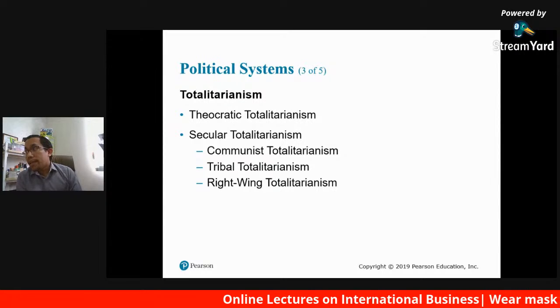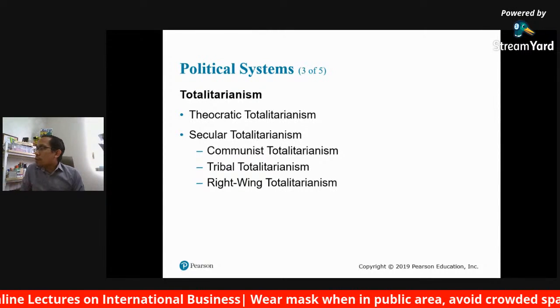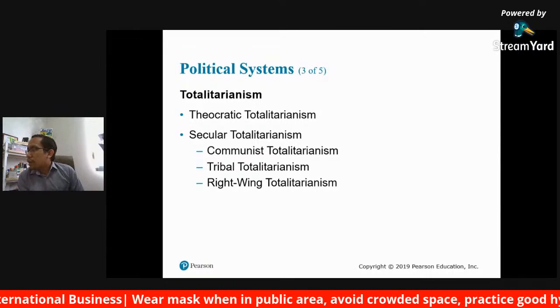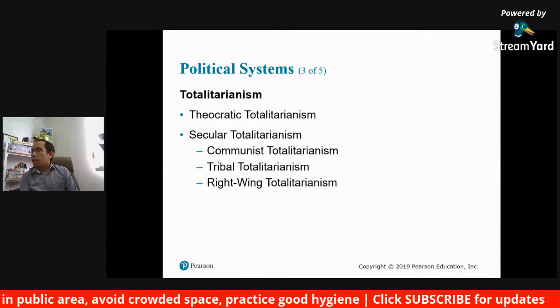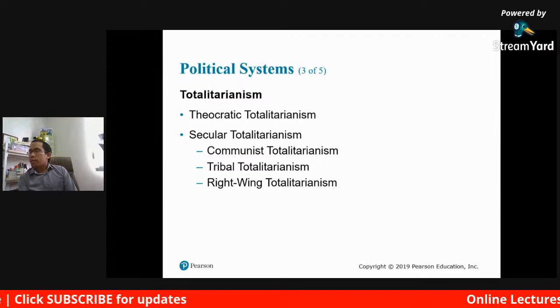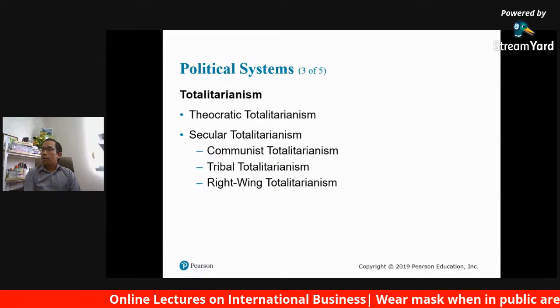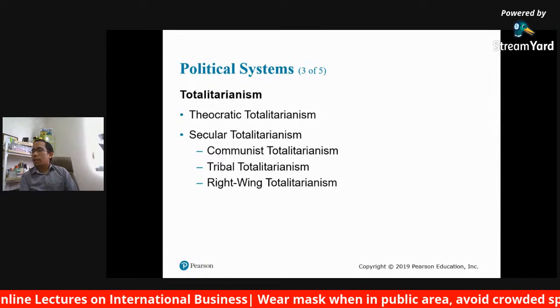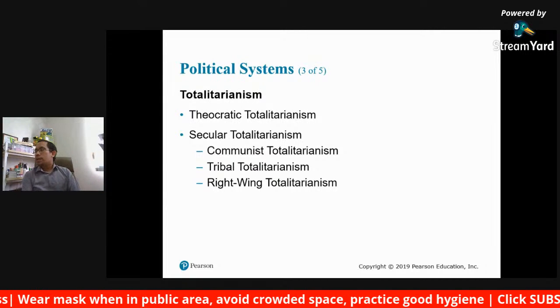How about the right wing? Right wing totalitarianism is a kind of government that endorses private ownership of property and a market-based economy, but grants few political freedoms. In this kind of political system, the leaders generally strive for economic growth while opposing the left wing, the communism.